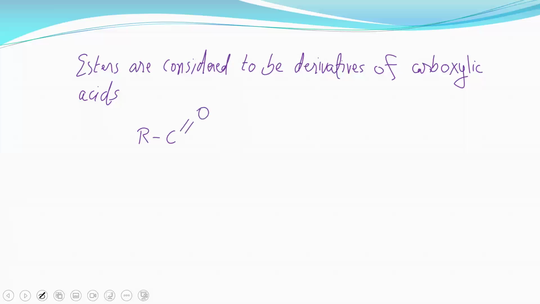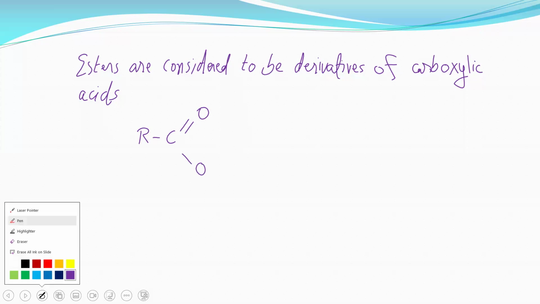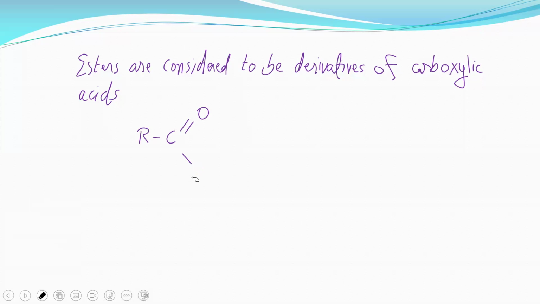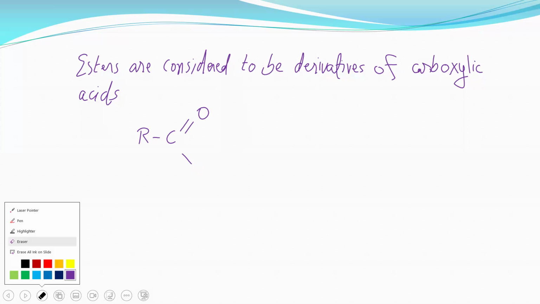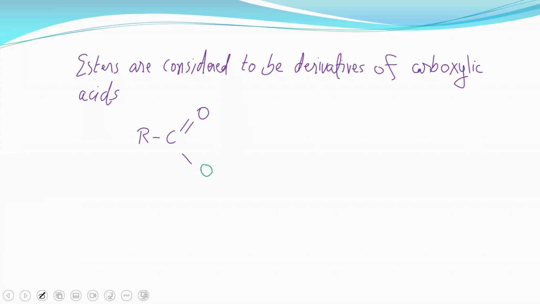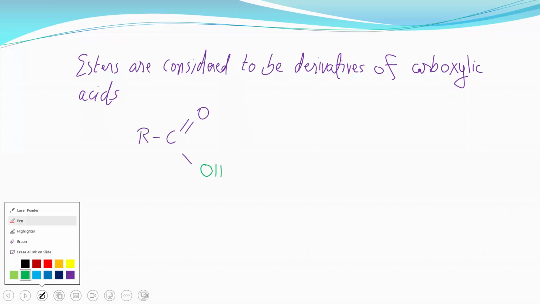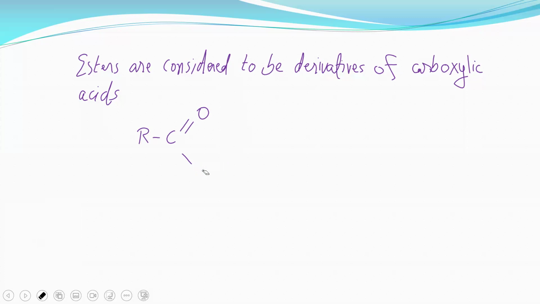What are carboxylic acids? Look at the shape of carboxylic acid. They are RCOOH. It's important to remember that in a carboxylic acid, we have a double-bonded oxygen and an OH with hydrogen. This is carboxylic acid.